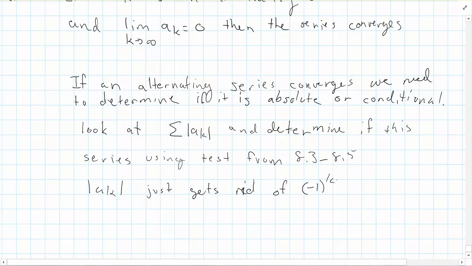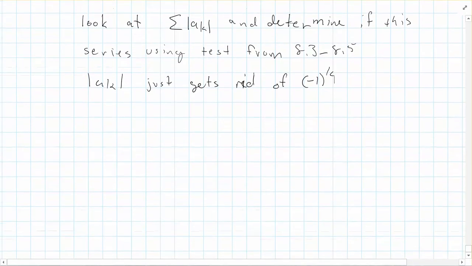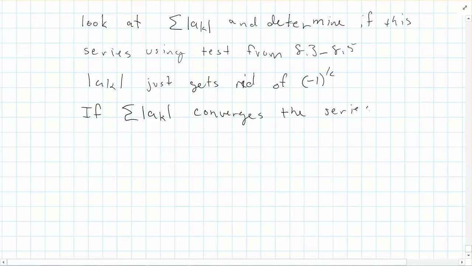But when you do the absolute value, this absolute value really just gets rid of the (-1)^k. Then if this series, if the absolute value converges, the series converges absolutely.